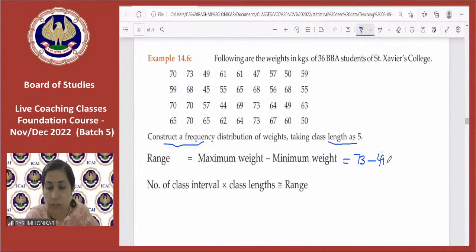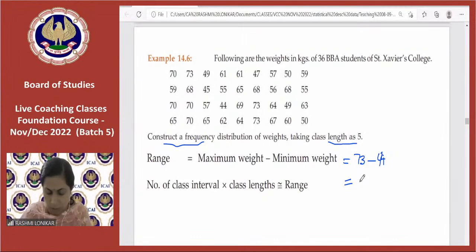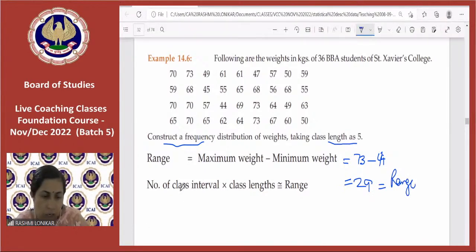So 73 minus 44. That is how much? 29. Okay. So I found the range. Now what they are saying is the number of class intervals.